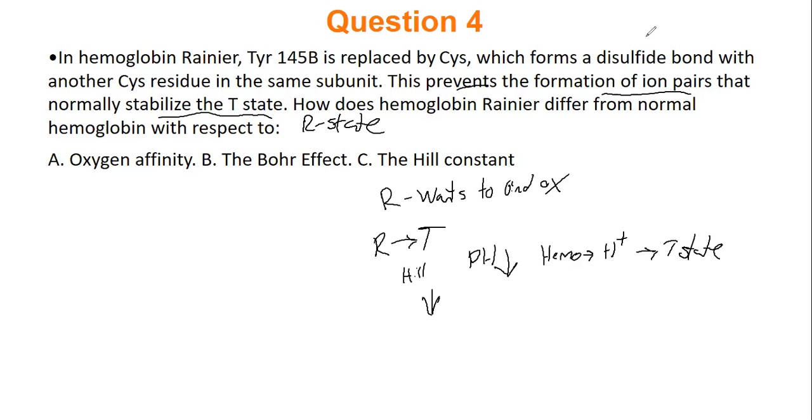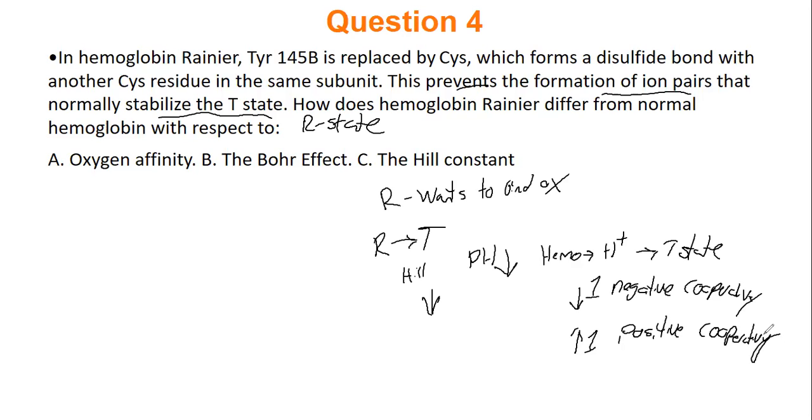Won't go to under 1. Under 1, less than 1 means negative cooperativity. Negative cooperativity means that if I bind something, I don't want to bind it. If I have multiple binding sites, I bind one ligand, my other binding sites don't want to bind the other ligand. That's not quite what is happening here because we're all in the R state, right? Greater than 1 means positive cooperativity.